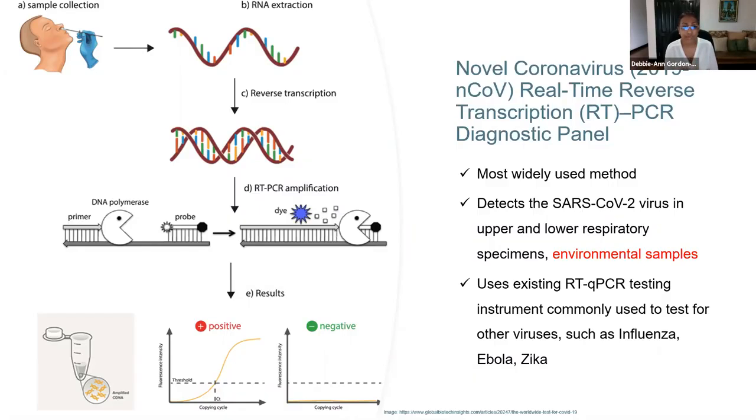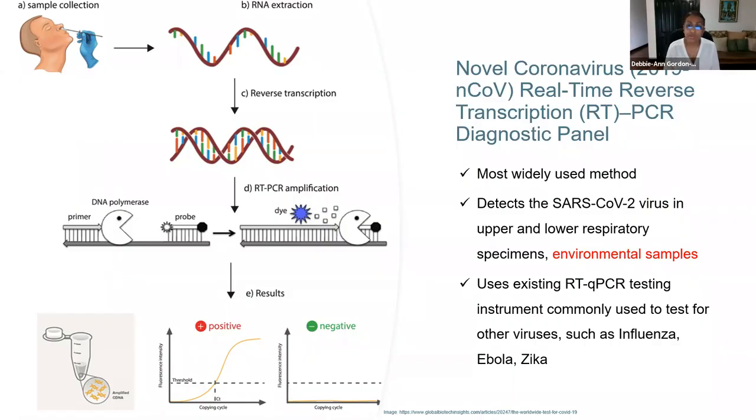The RT in RT-qPCR means reverse transcription, and the Q is used for quantitative or real-time PCR. It is the most widely used method, and it is used, as I said, to detect SARS virus in upper and lower respiratory specimens and environmental samples.